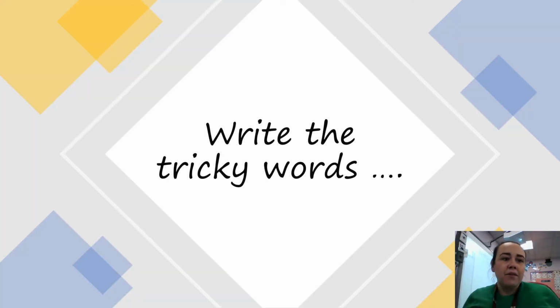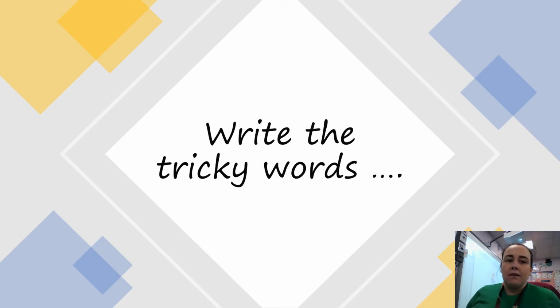Okay, so now it's time to have a go at writing some of our tricky words. You can pause me in between each word to give you time to write it, and then restart me ready for the next word. So the first tricky word I'd like you to write is to. To. I'm going to the shop. And the next one, is.